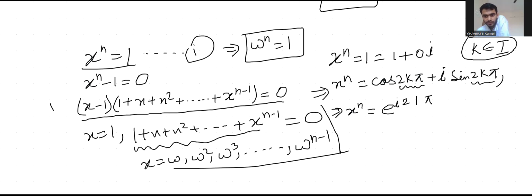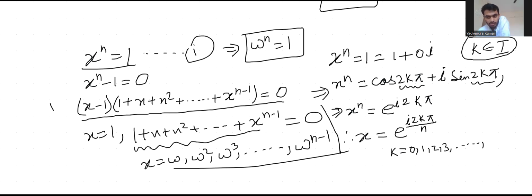Then if you try to calculate x, it will be e to the power iota 2k pi, whole divided by n. Here we will put k equal to 0, 1, 2, 3, and so on, up to n minus 1.